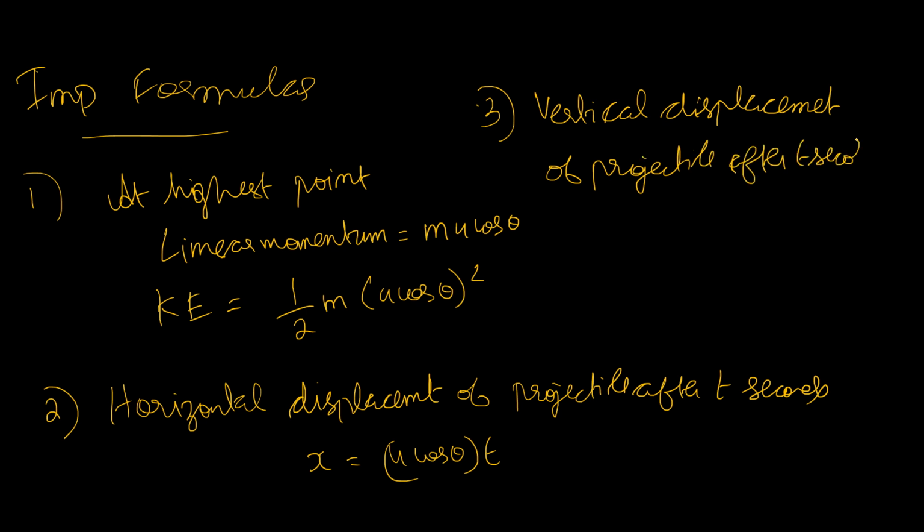Y is equal to u sine theta into t, but there's a small difference, as I have told you, gravity is acting downwards, so it will be u sine theta into t minus half g t square. We know that with gravity acting, the equation is ut minus half g t square. Since u is replaced by u sine theta, the equation becomes like this.